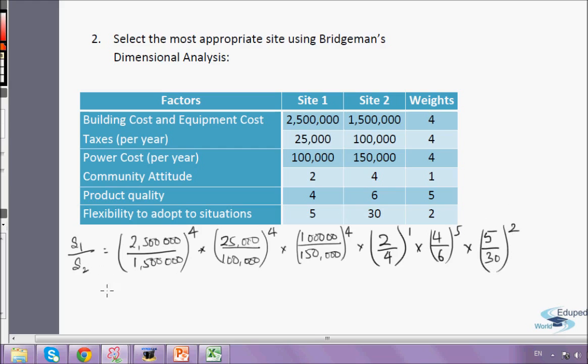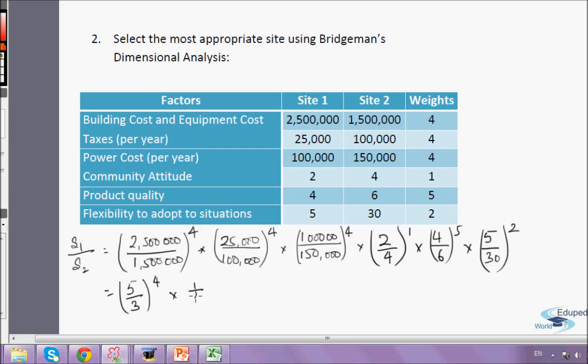So again, when we calculate this, when we cancel out these zeros, in the first case these zeros will go away, and then we'll have 25 by 15, which we can cancel out as 5 over 3 raised to power 4. Okay, further this one would be 25,000 and 100,000.